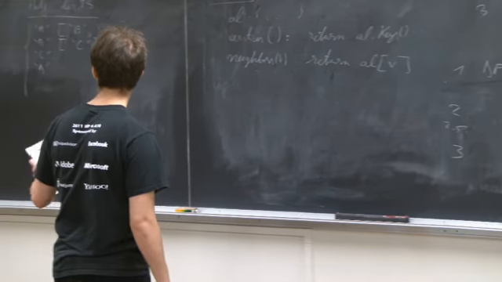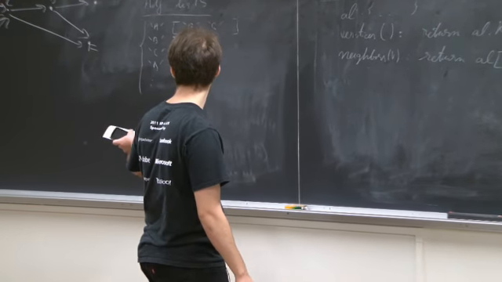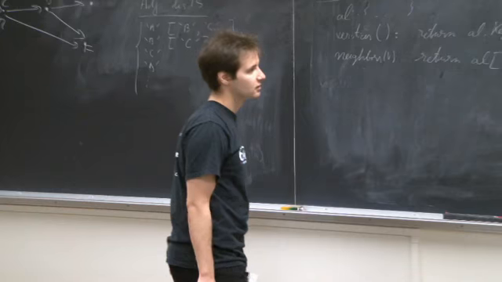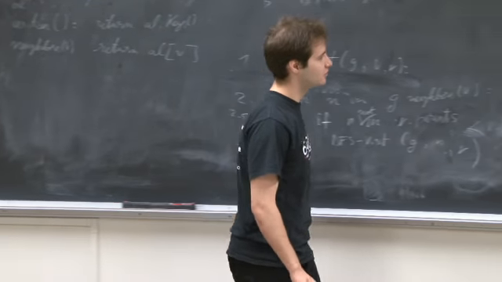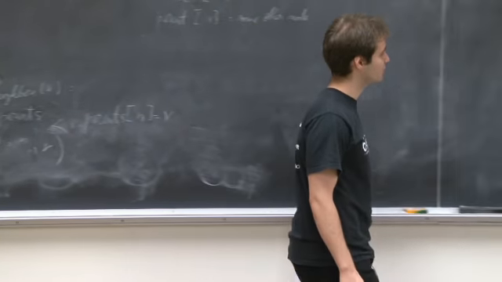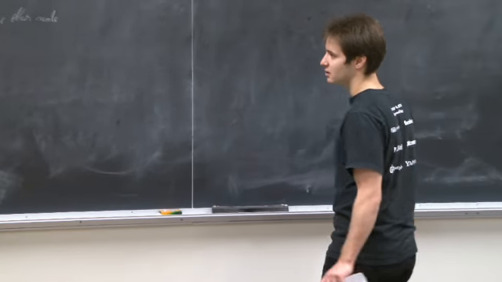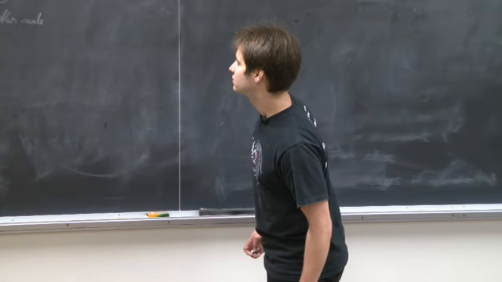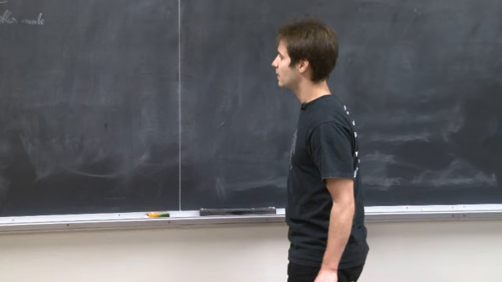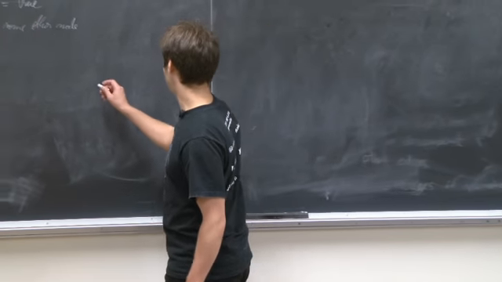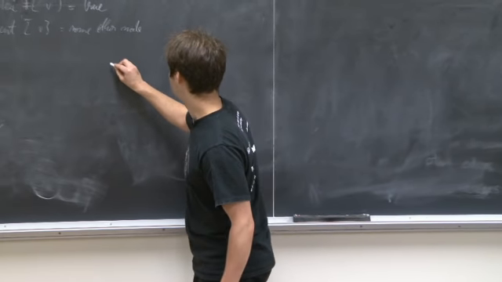Let's try to track it for this graph here. You're going to be in a better position than me because I'm not sure I can see the graph all the way from here. So let's have the parents dictionary here.